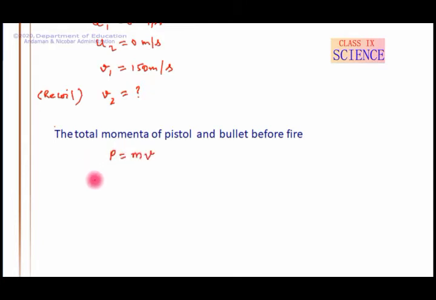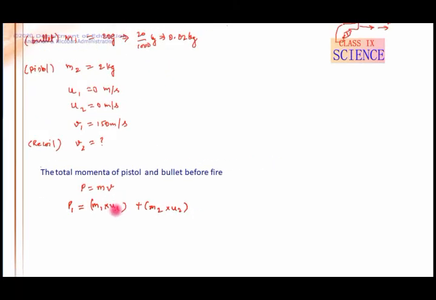The total momenta of pistol and bullet before fire, we take as P1, which is equal to m1 u1 plus m2 u2. Look very carefully: here m1 is the mass of the bullet and u1 is the initial velocity of the bullet, that is before firing. Similarly, m2 is the mass of the pistol and u2 is the initial velocity of the pistol. Both velocities are before firing.